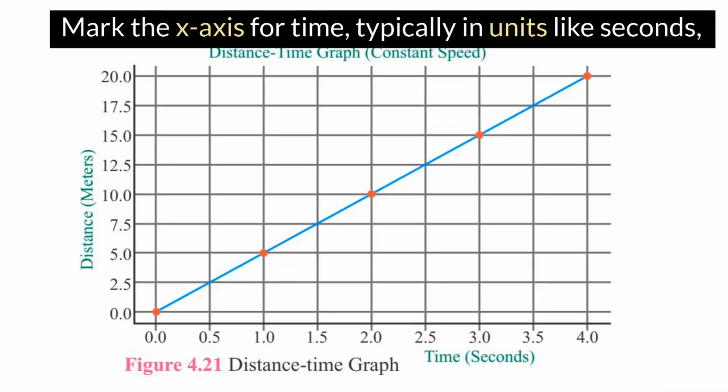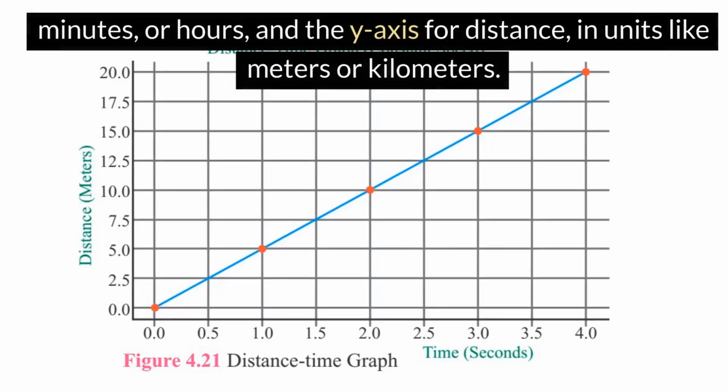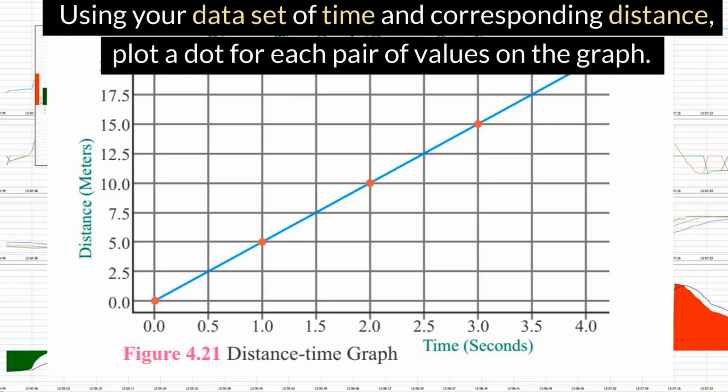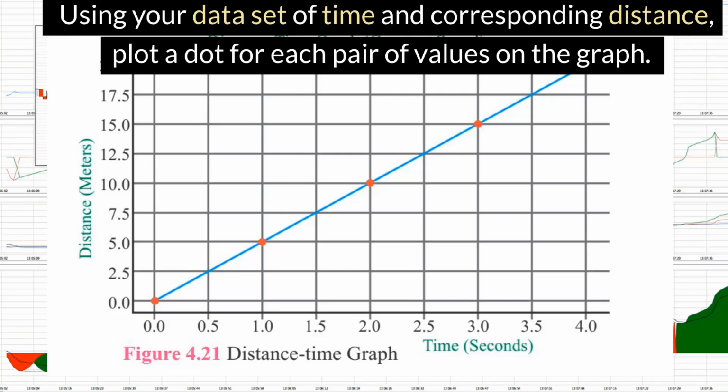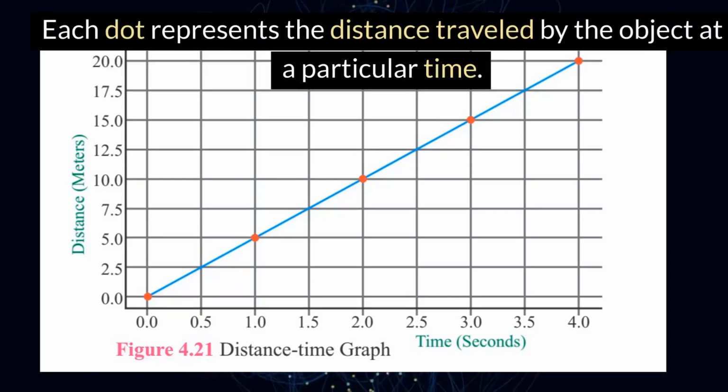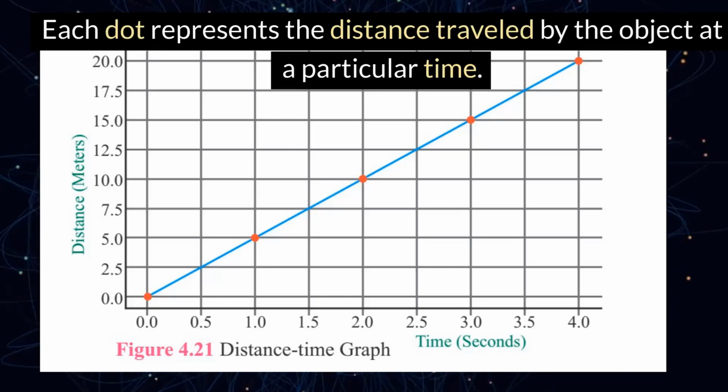Mark the x-axis for time, typically in units like seconds, minutes, or hours, and the y-axis for distance, in units like meters or kilometers. Using your data set of time and corresponding distance, plot a dot for each pair of values on the graph. Each dot represents the distance traveled by the object at a particular time.